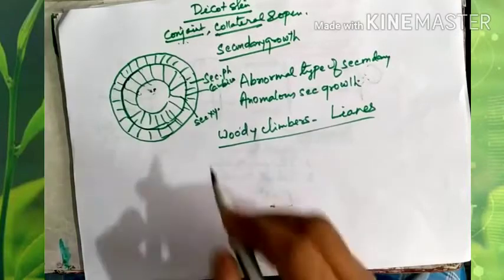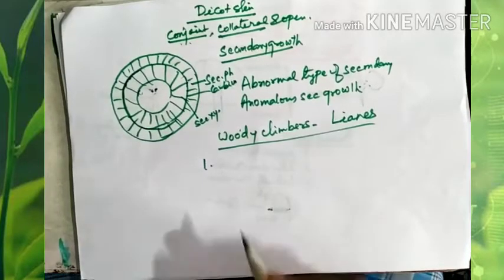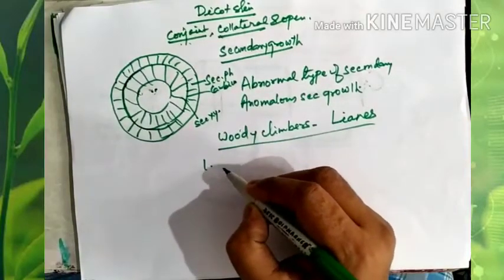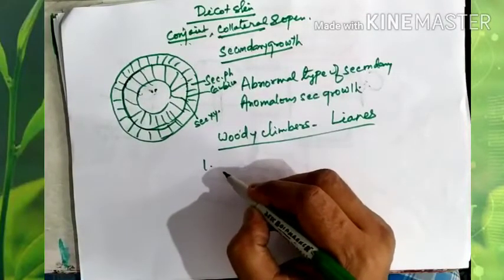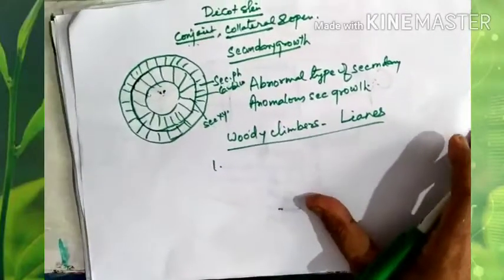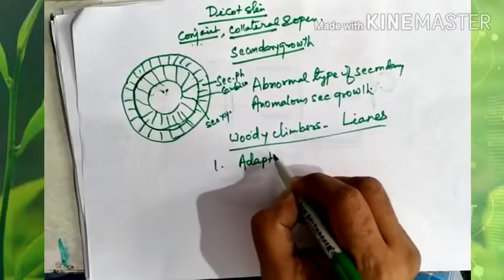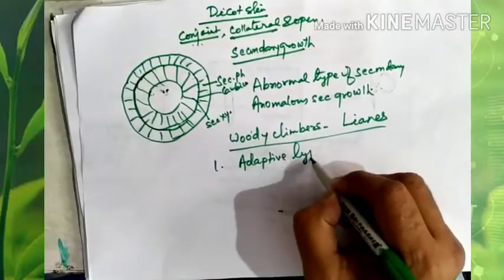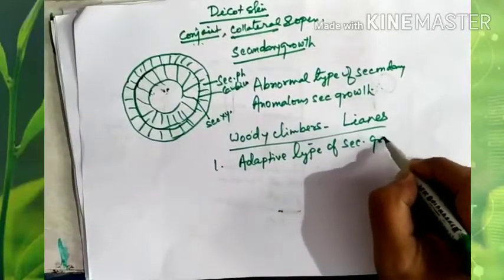First, due to the environmental, either physiological or due to the mechanical support, and hence this type of secondary growth is known as the adaptive type of secondary growth.